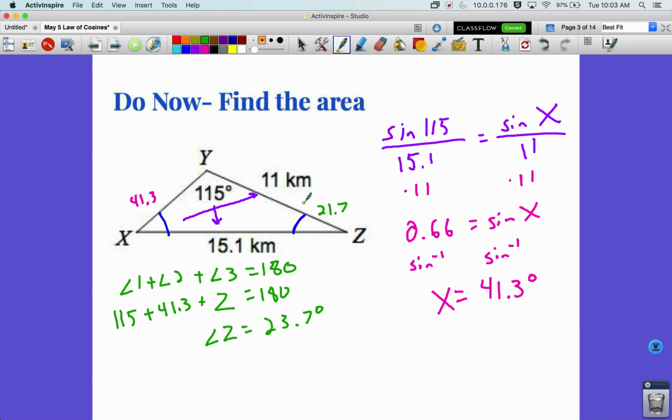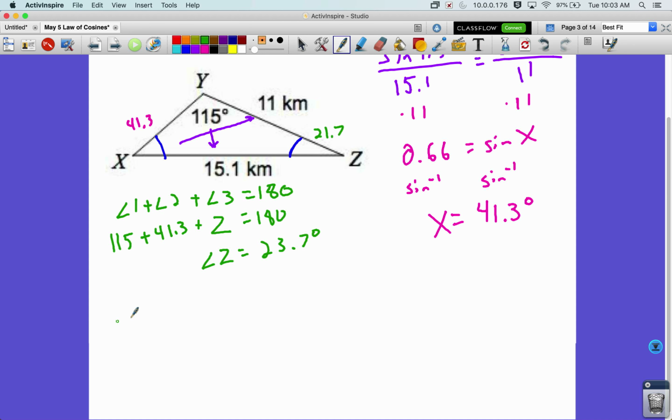Now I've got two sides and the included angle, so I can use my area of a triangle formula. It's similar to one half base times height, but we say it is one half a b sine C, where these are two side lengths and this is the included angle. I don't really even worry about labeling it. These are two side lengths, and this is the angle in between them.